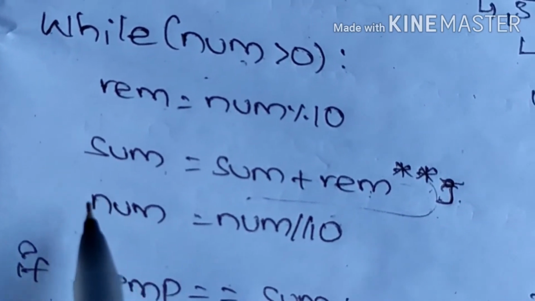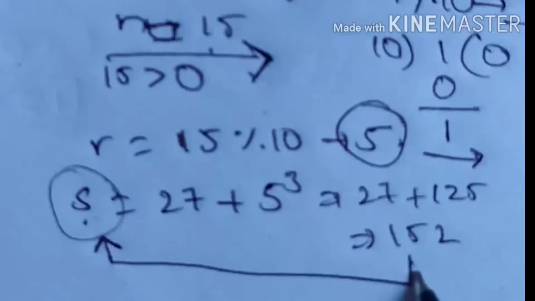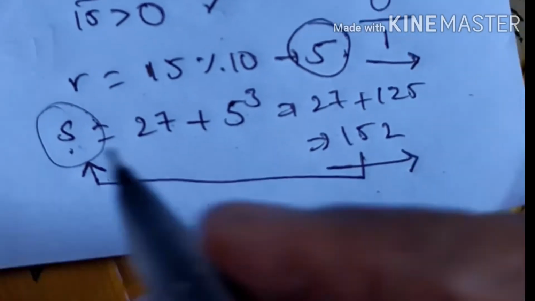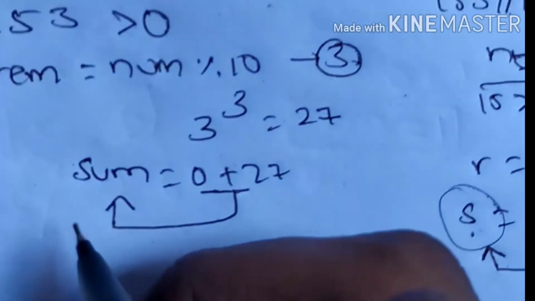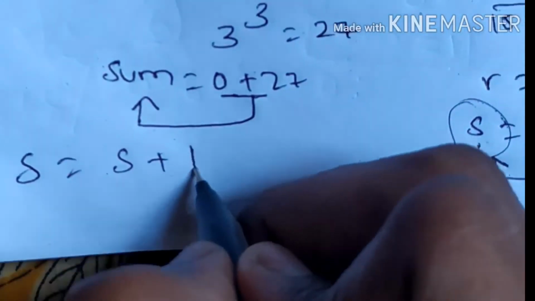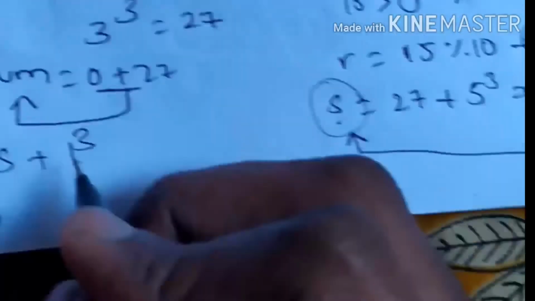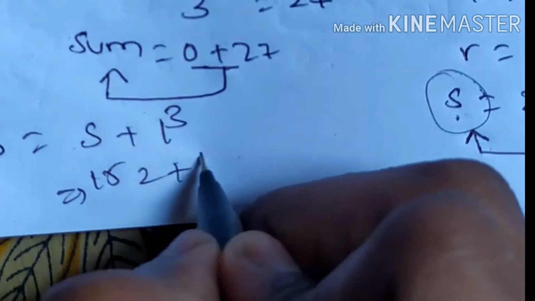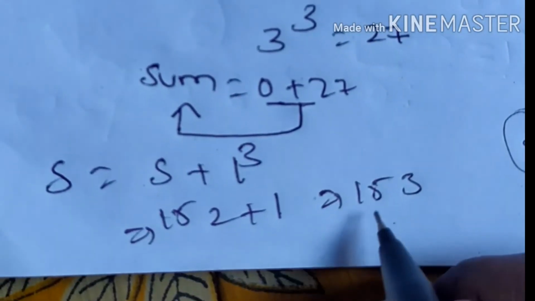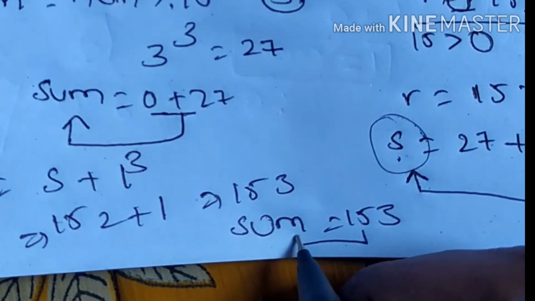And now the next condition is sum equal to sum plus remainder cube. Here we got sum equal to 152, and next as per condition sum equal to sum plus, here the remainder is 1, right? We got remainder 1 cube, that is sum equal to 152 plus 1, that is 153. Here 153 is assigned to sum.